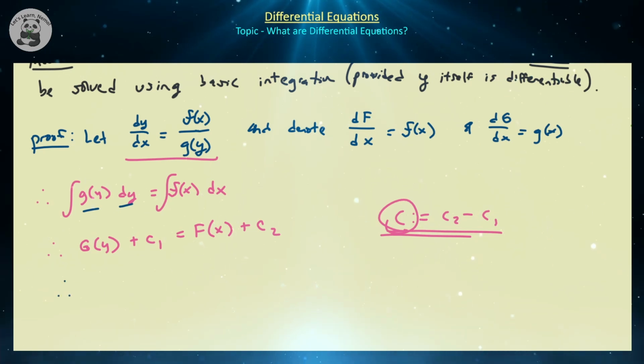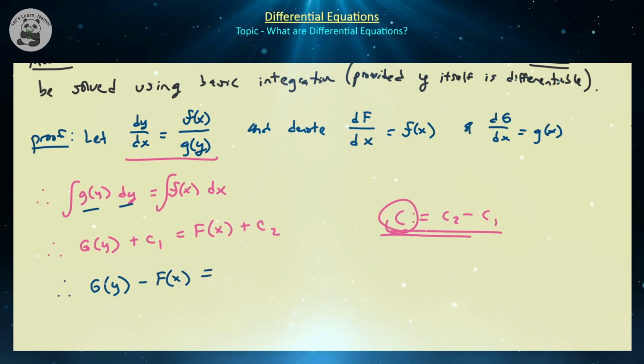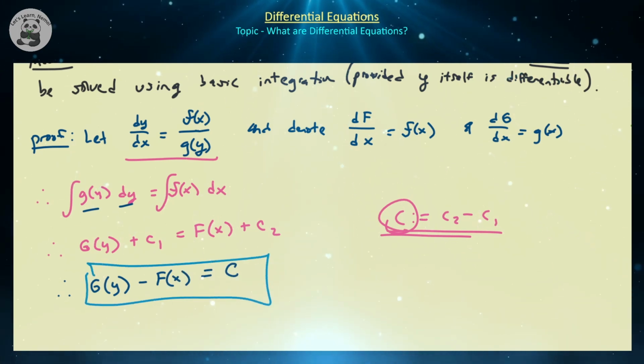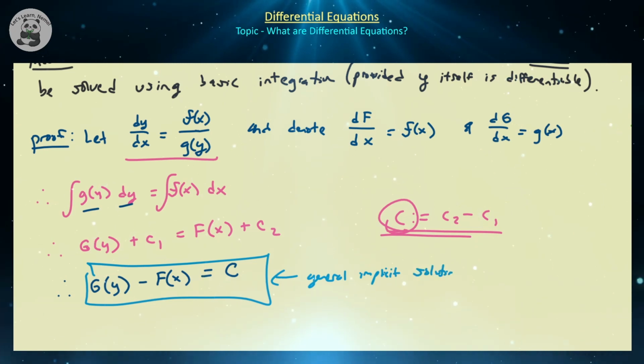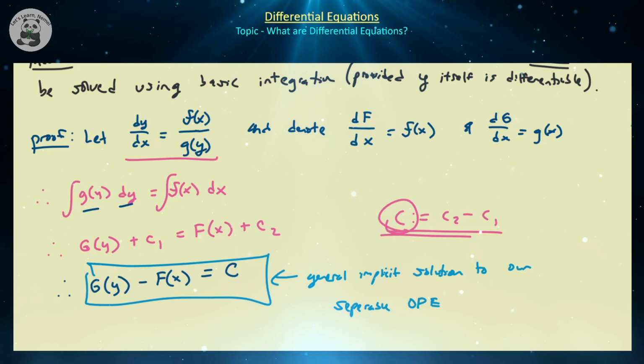So what we have here is G(y) minus F(x) is equal to some arbitrary constant C. And notice that this is the general implicit solution to our separable ordinary differential equation. And that completes the proof.